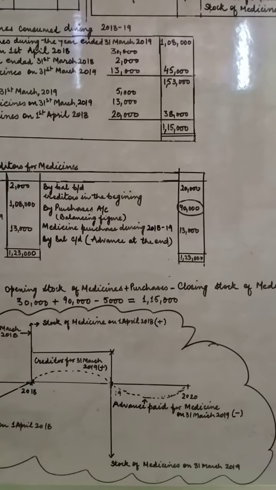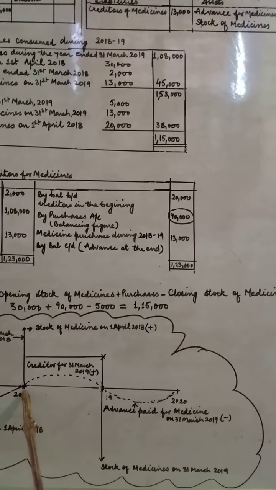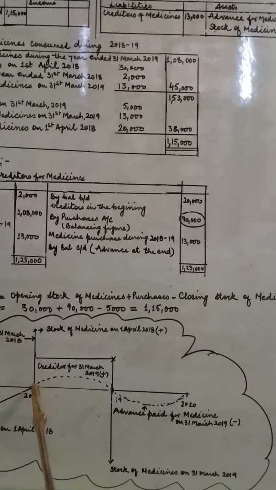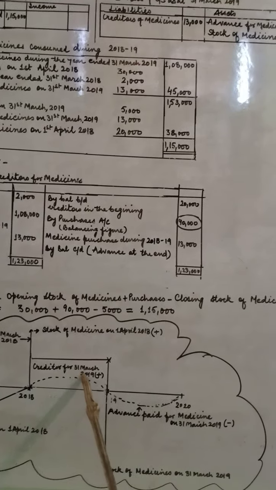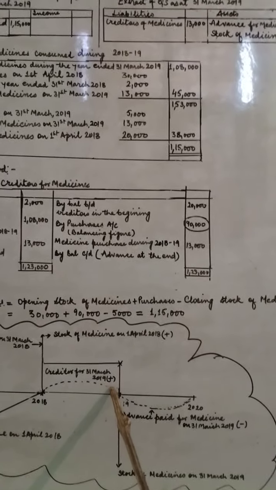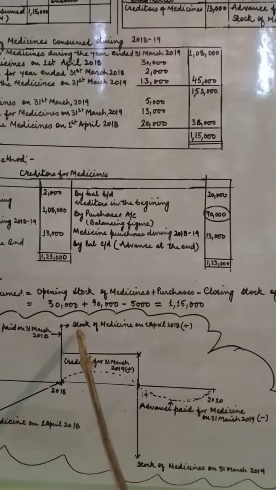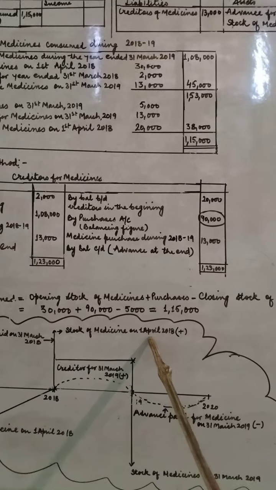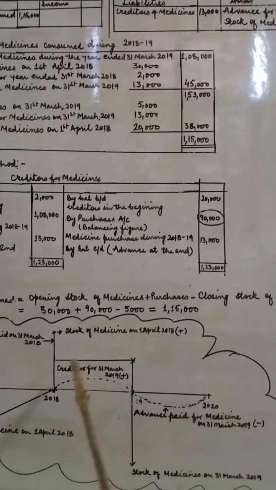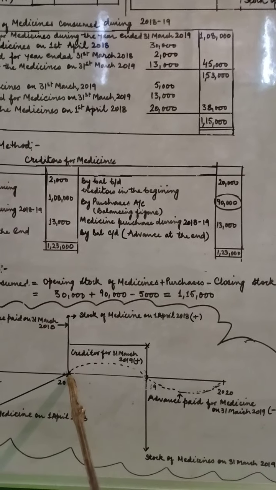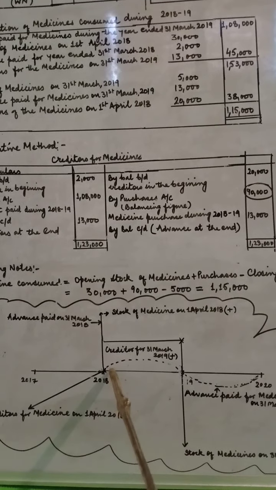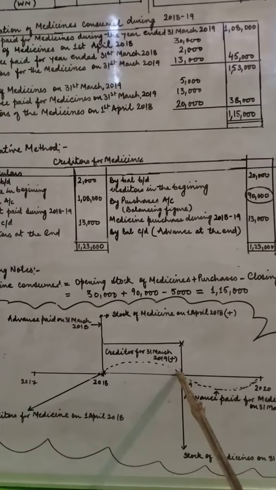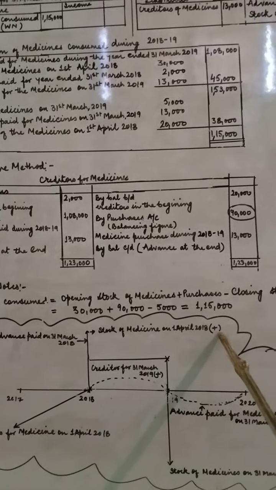If the advance was paid in 2018, it means it is going to be plus because the advance is for the current year. Next, that is the stock of medicine on 1st April 2018. Now the stock of 2018 is here. It means this is a stock we are going to use in the current year. So it is also going to be plus.